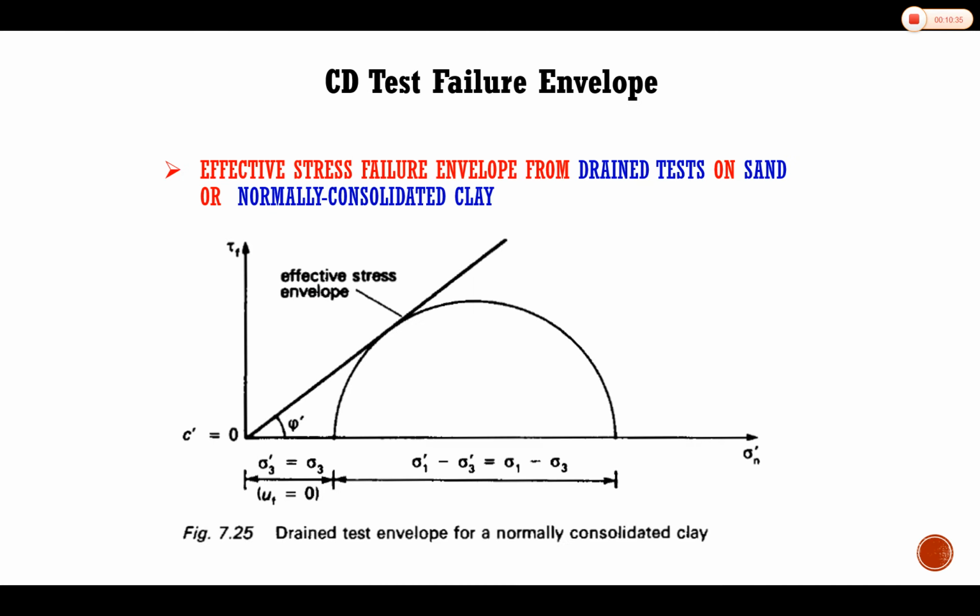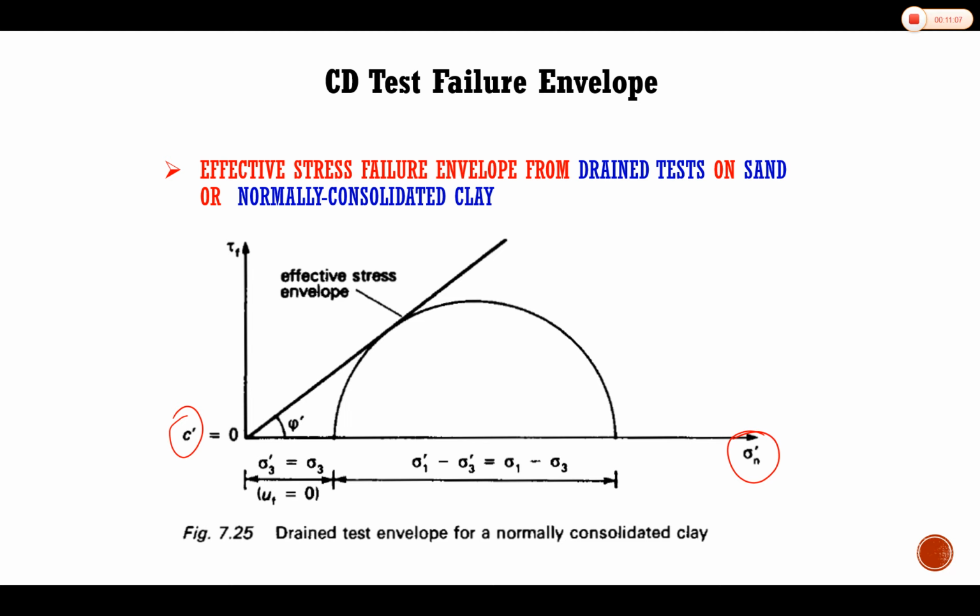This is the typical form of the CD test failure envelope. At the end, from the CD test data, we will plot the graph, and the typical plot for the CD test failure envelope is like this. You can see that we have sigma prime and angle of friction prime. So why is it prime?